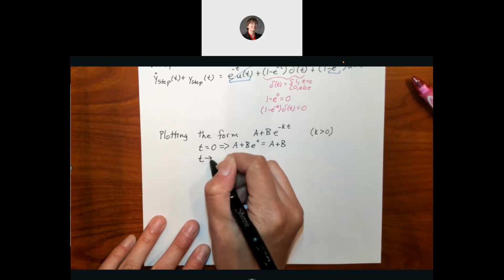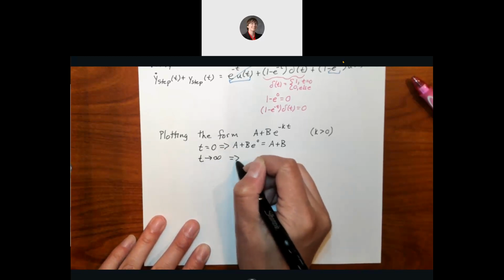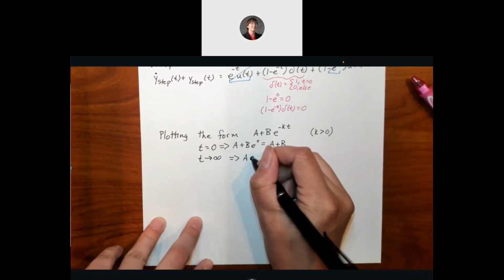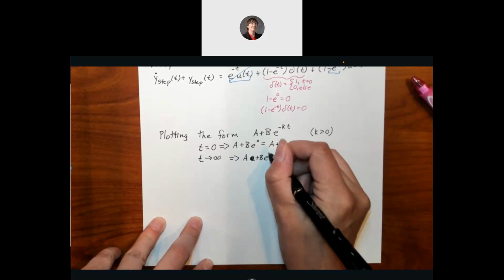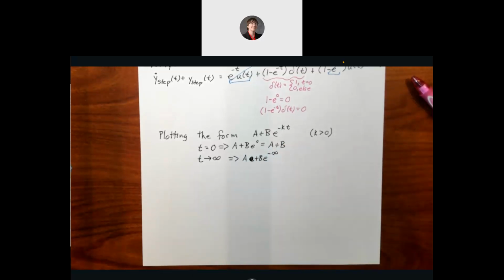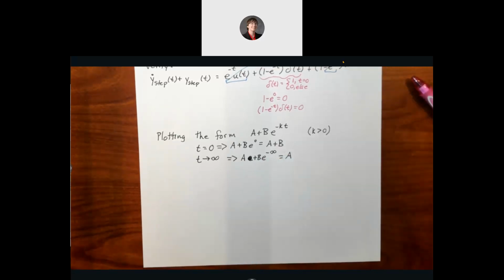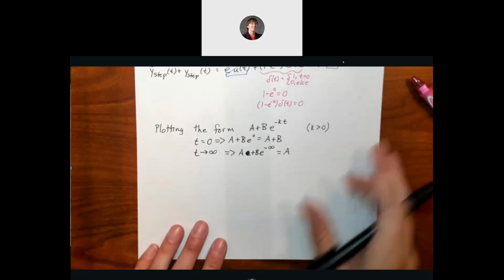And as t goes to infinity, we have a plus b e to the minus infinity. E to the minus infinity goes to 0, and so this term goes to 0, and we're left with a. So as we go to infinity, we're going to be converging to that a value.